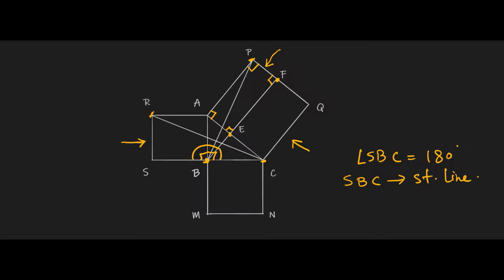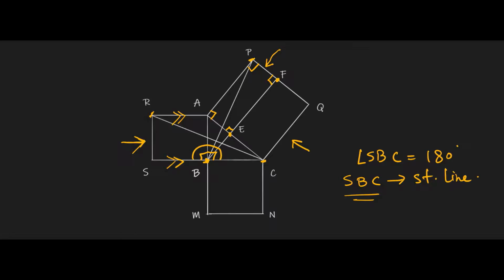Now because ARSB is a square, the opposite sides are parallel to each other. So AR is parallel to SB, but we know SBC is a straight line. So AR is parallel to SB and also parallel to SBC.